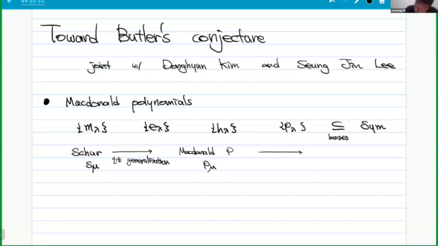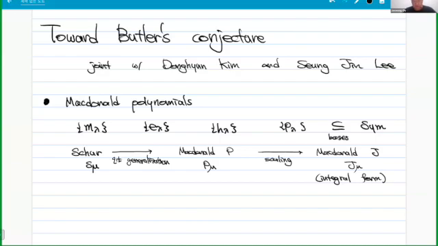By rescaling it, we get the Macdonald J polynomial, J_mu, whose coefficients are polynomials in q and t. That's why we sometimes call this an integral form. The polynomiality is not trivial at all.